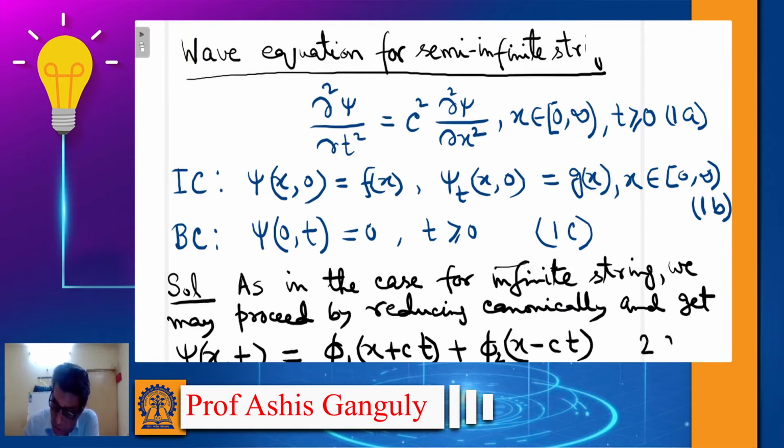Let us label it as 2a, where phi 1 and phi 2 I am writing on the next page.